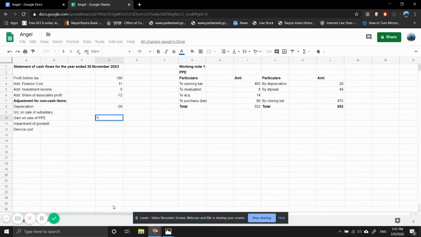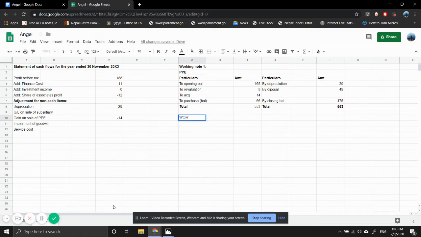Okay, so 49 minus 63, because it has to be deducted. Impairment of goodwill. Okay, so for that we will have to calculate everything.